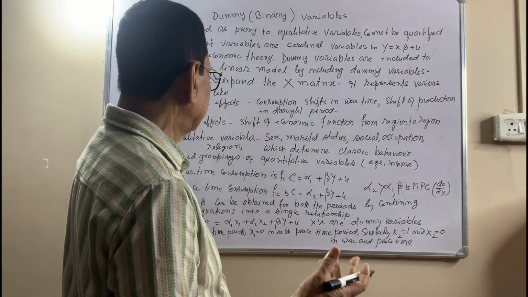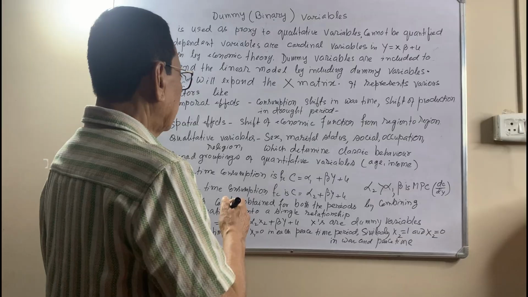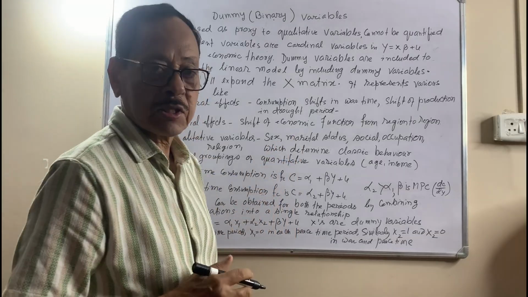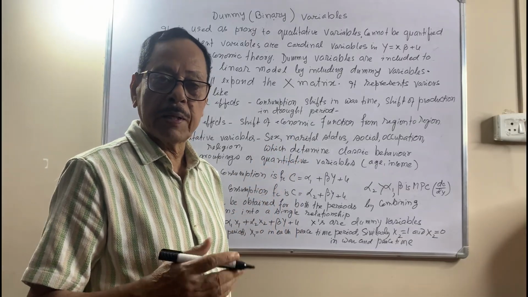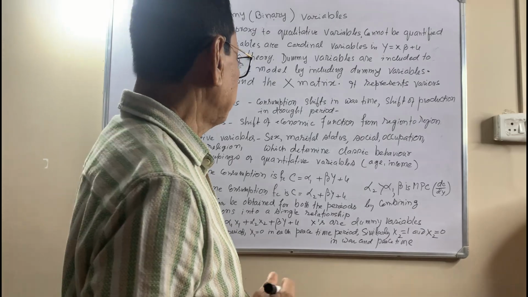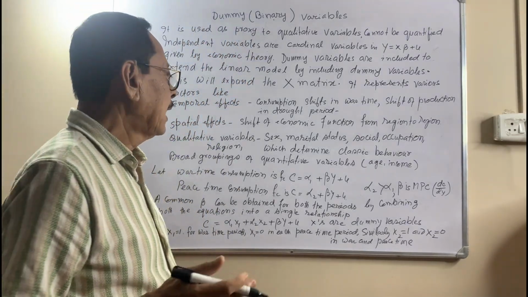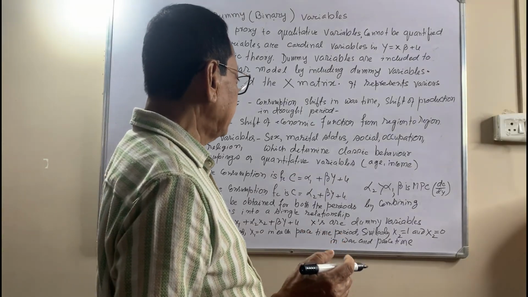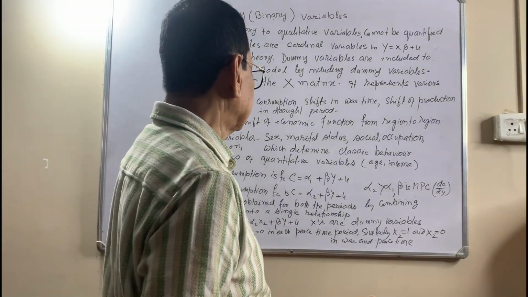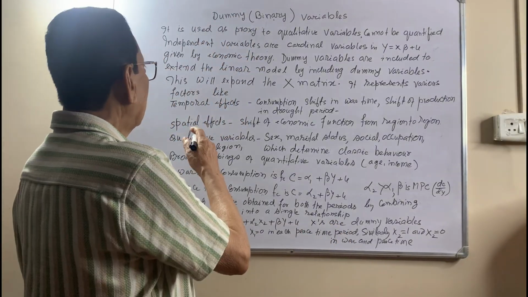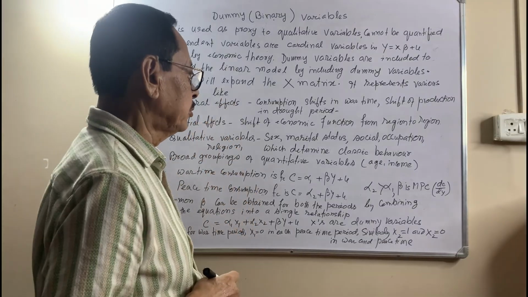Similarly, children and adults. Then marital status. It also depends on the marital status of people. When it is a bachelor, the demand is different, and if it is married, demand is different. So for this, the dummy variable is used.